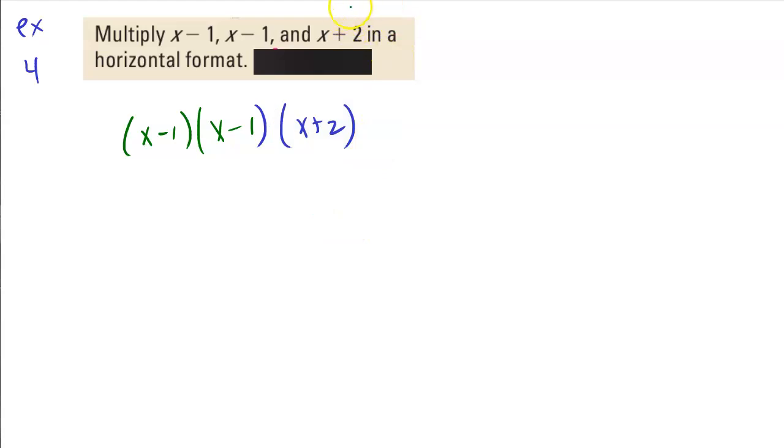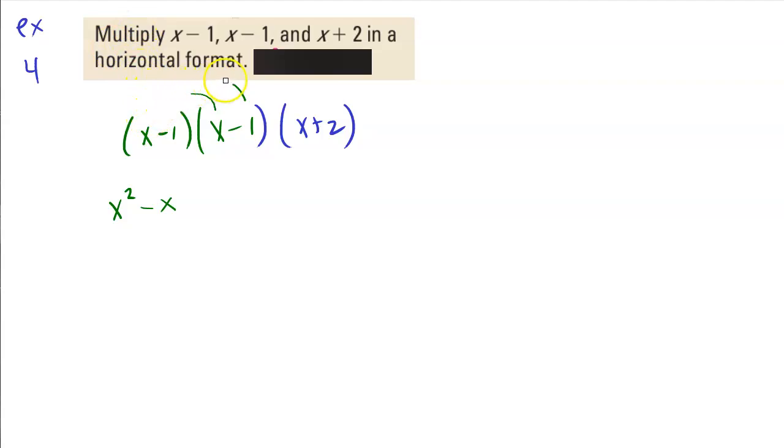Okay, so I'm going to do this in the horizontal format, which means I'm going to take this first term and multiply it times the first term in there. That's going to give me x squared. And then I have to take x also times negative 1. So that's going to give me a minus x, or a minus 1x.